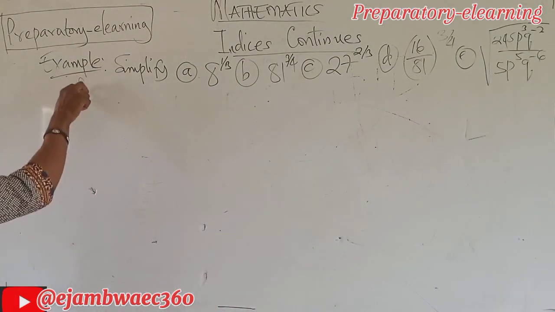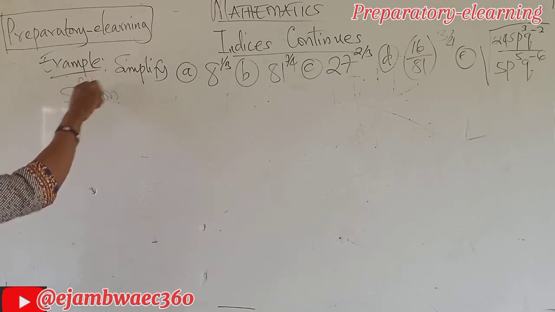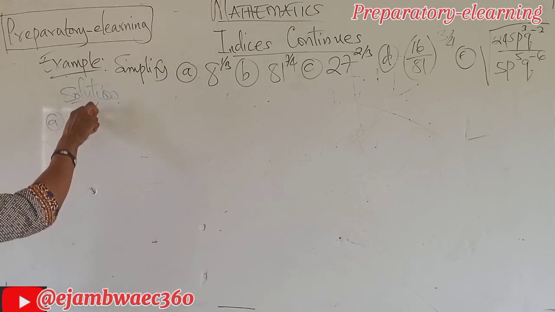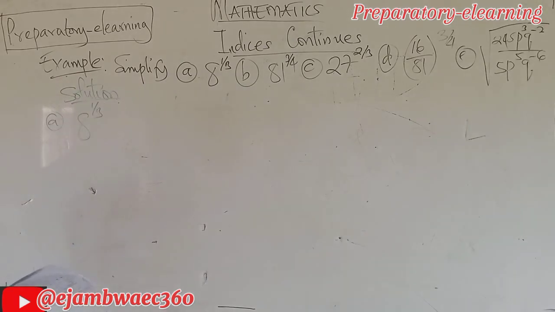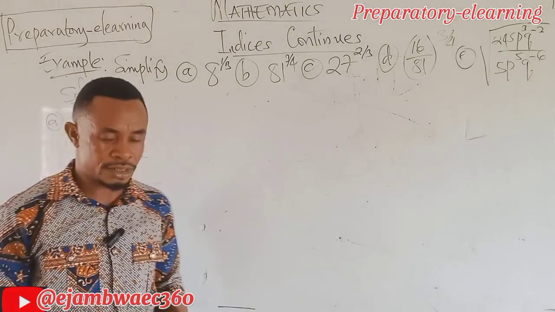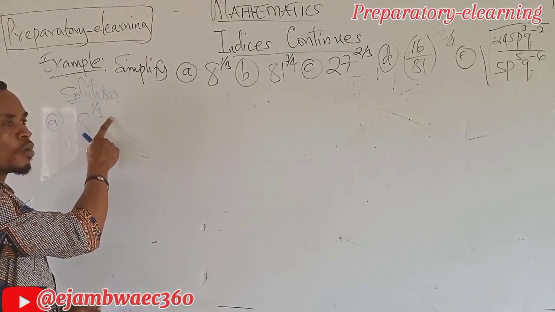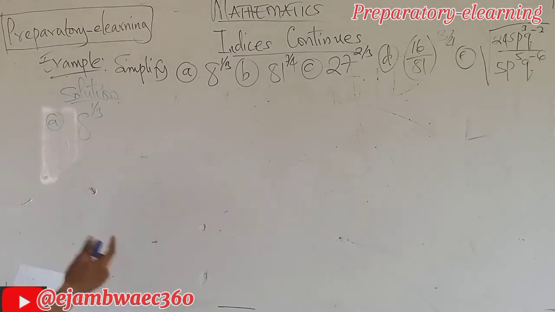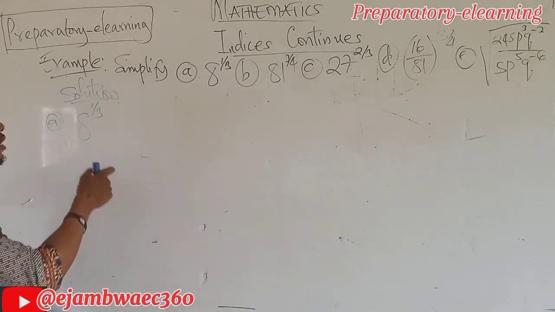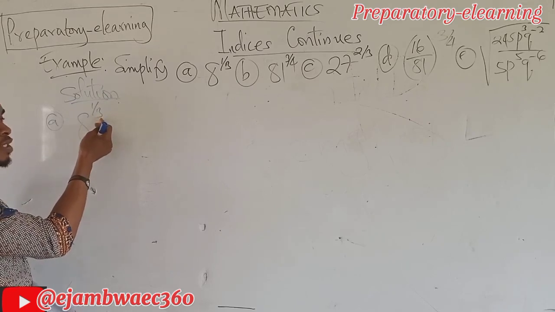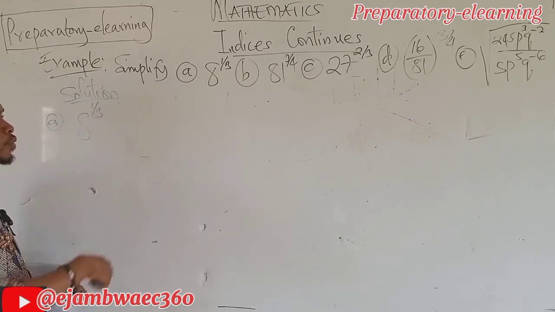In our solution, we have the first one, A, which is 8 power 1 over 3. You should be reminded that this law is our root power law. I had told us anytime you have the power as a fraction, the denominator 3 represents the root.